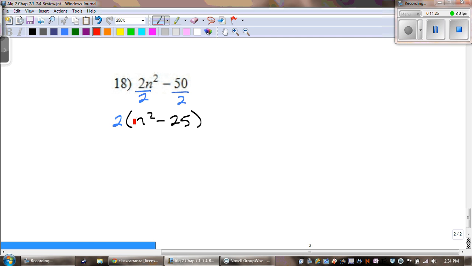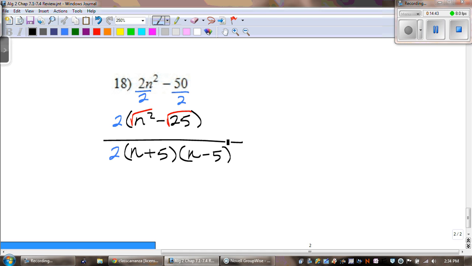Yep. Can I square root everything? Yeah. Okay. So the 2 stays out front. N squared, the square root of that is n. And the square root of 25 is 5. And there you go. That's your final answer.